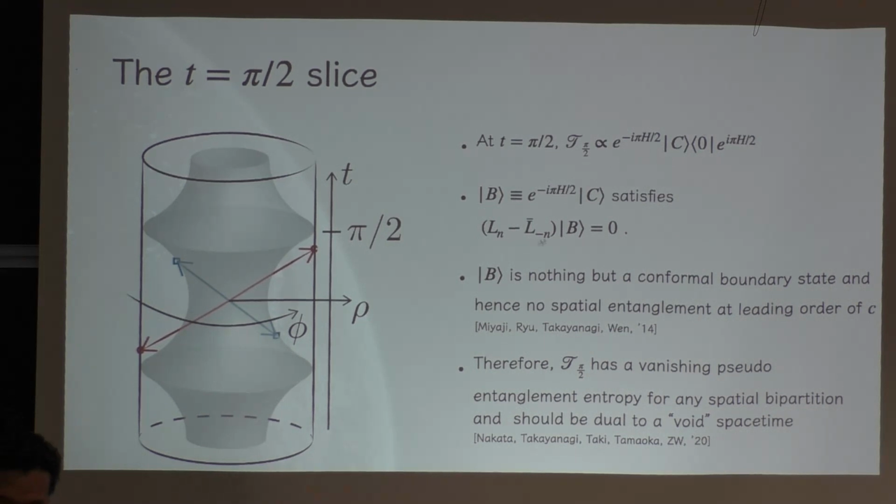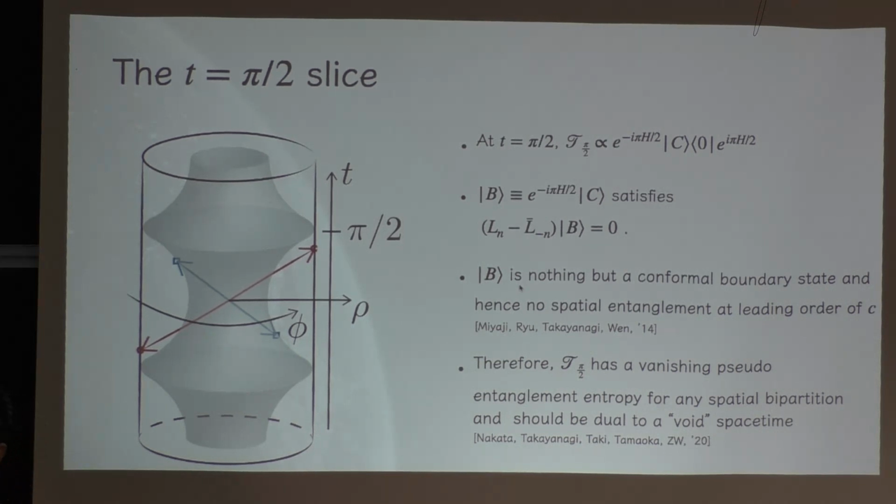So here, I use B to denote this time-evolved crosscap state. Because if you look at this constraint, you will find that this B is nothing but a conformal boundary state, which appears in BCFT.